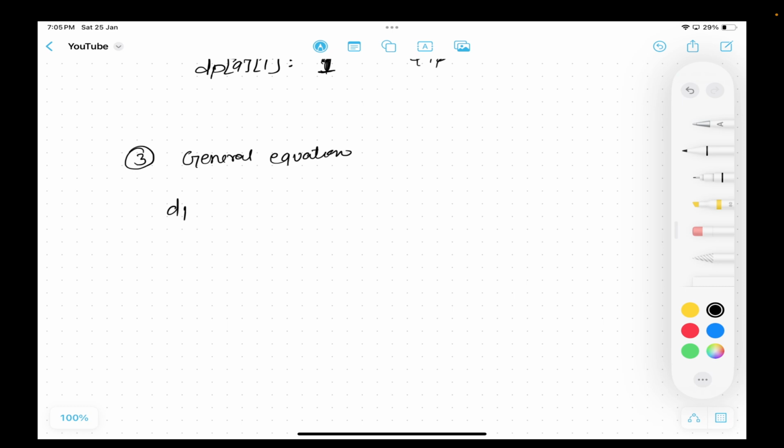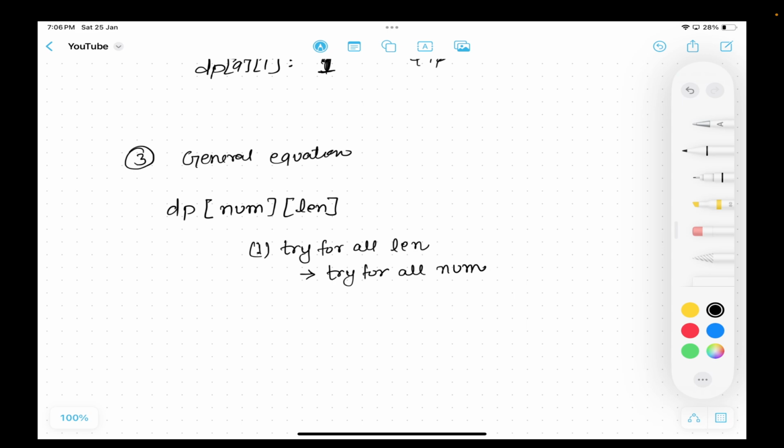So our DP state will look like num and some length. What we will do is try for all lengths, and for each length we will try for all numbers.